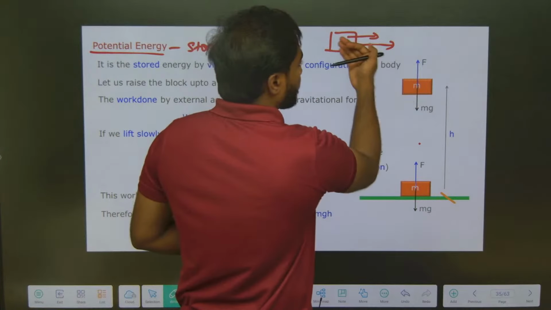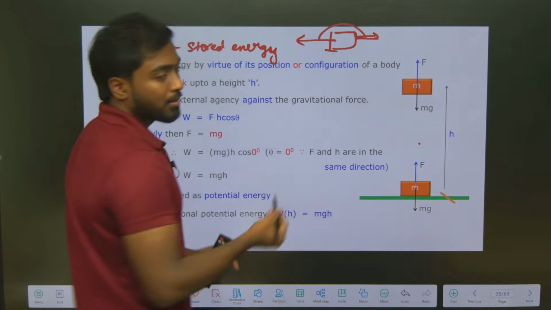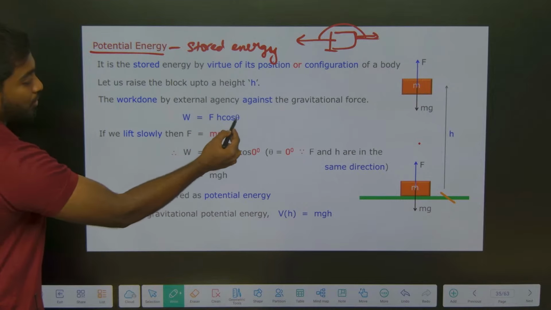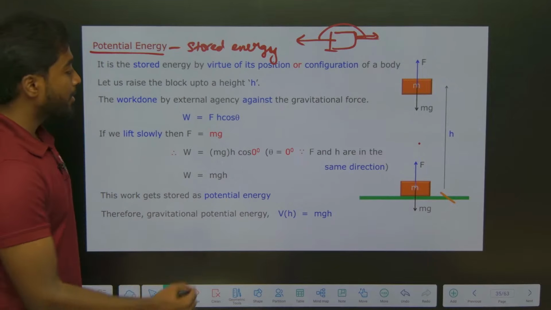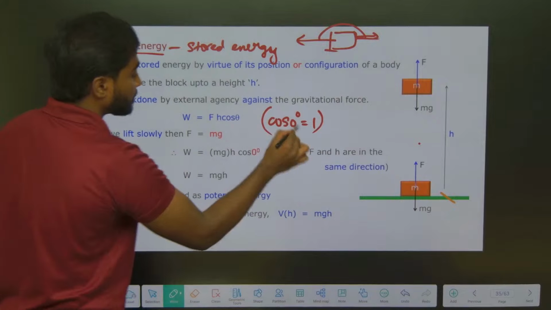Suppose force is in this direction and displacement is in the opposite direction, the angle between them is 180 degrees. So W equals F h cos theta, where h is the displacement, and cos 0 is 1.